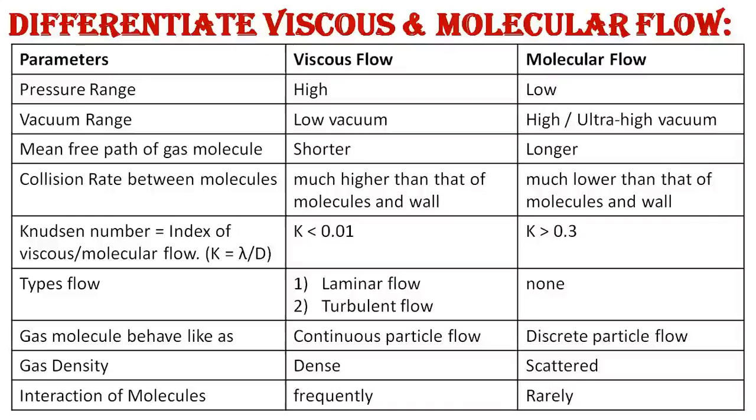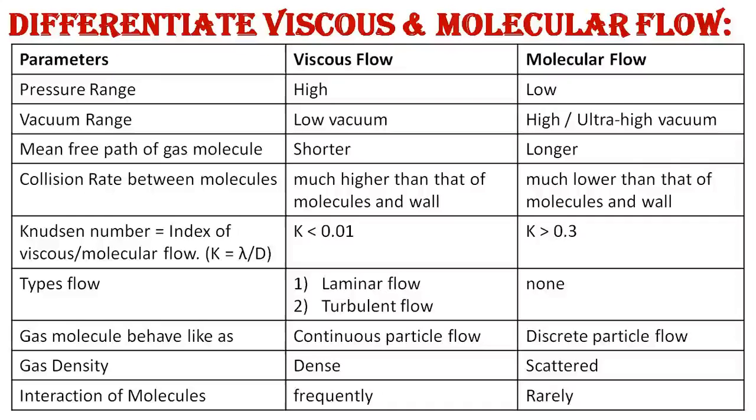That is, K is equal to lambda upon d. Here, for viscous flow K is less than 0.01 and for molecular flow K is greater than 0.5. The next parameter is the types of flow. In viscous flow there are two types of flow: the first one is laminar flow and the second one is turbulent. In molecular flow there is a single type of flow; there are no such types.